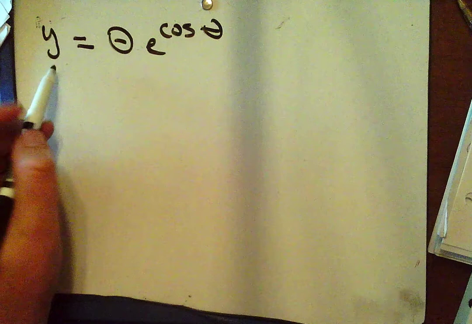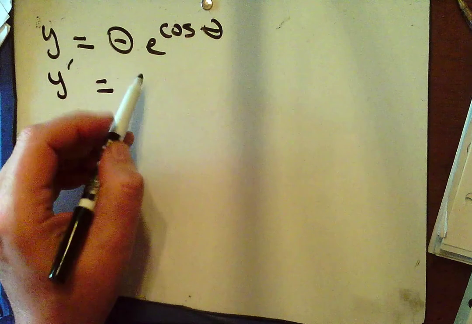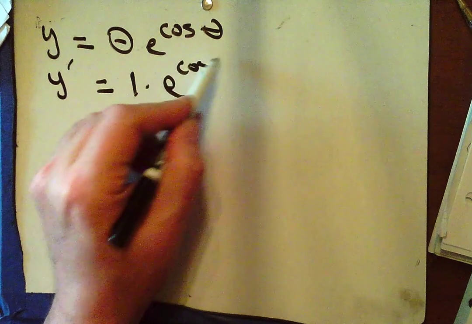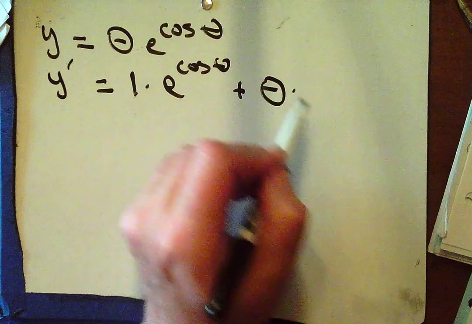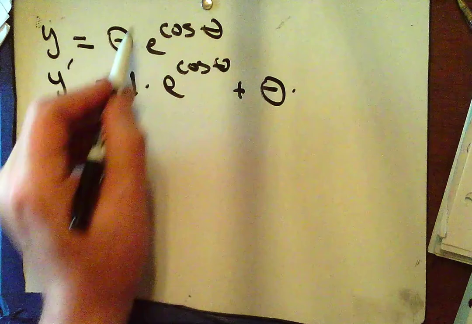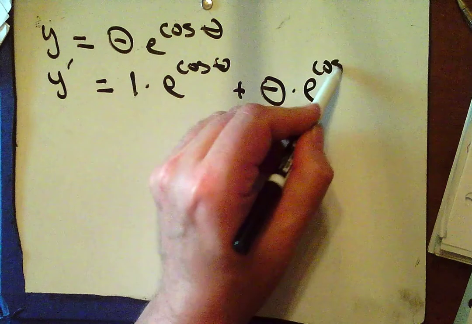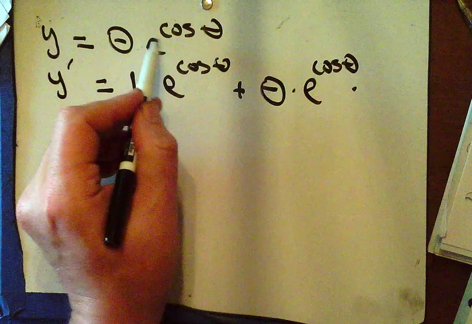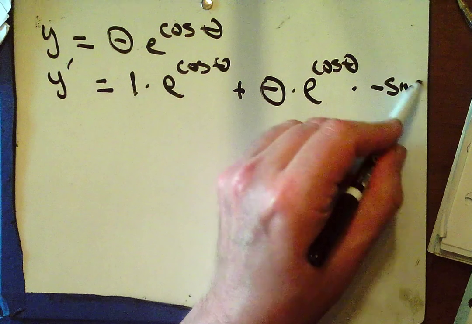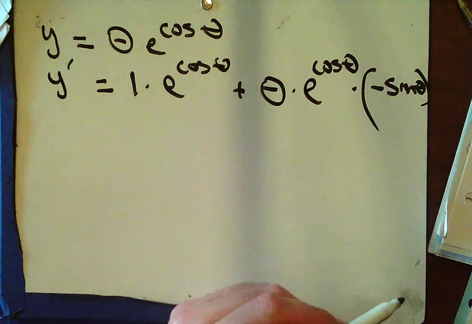Okay, welcome back. y prime is 1 times e to the cosine theta plus theta times the derivative of e to the cosine theta, which is e to the cosine theta times the derivative of cosine, which is minus sine. Excellent.